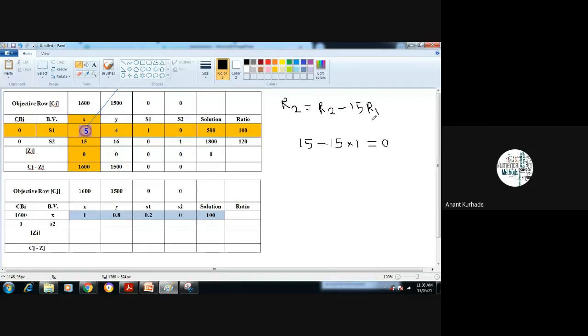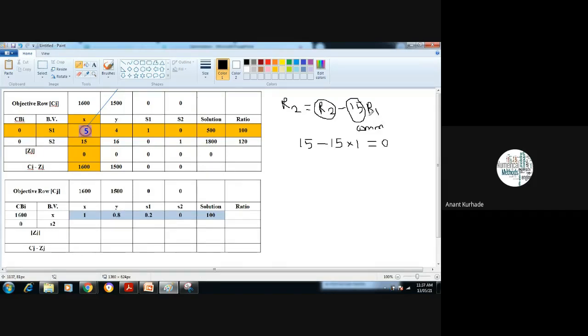Now again, check how new value is equal to old value. The old value of R2 is 15, minus 15. This 15 is common for all the values. Remember this formula, it is common for all the values.